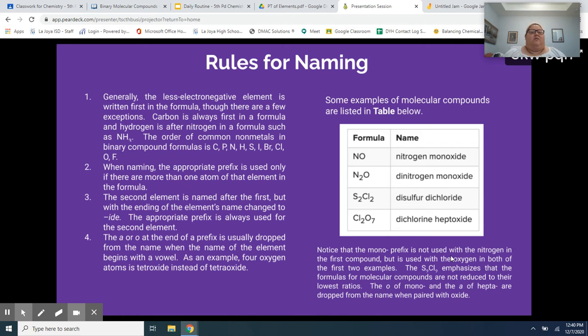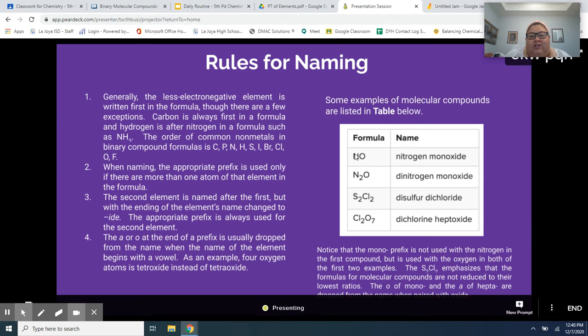When naming, the appropriate prefix is used only if there is more than one atom. So if you're talking about element number 1, you can use all the prefixes except mono. You can never put mono for the first element. In your examples, you're talking about nitrogen, sulfur, and chlorine.